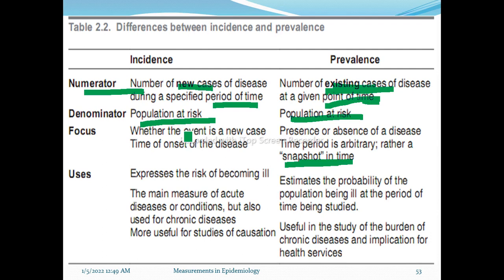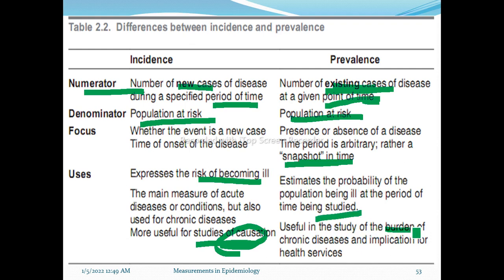The other is uses. Incidence expresses the risk of becoming ill. It is the main measure of acute disease or condition, but also used for chronic disease. It is more useful for studies of causation. Prevalence estimates the probability of the population being ill during the period of time being studied.